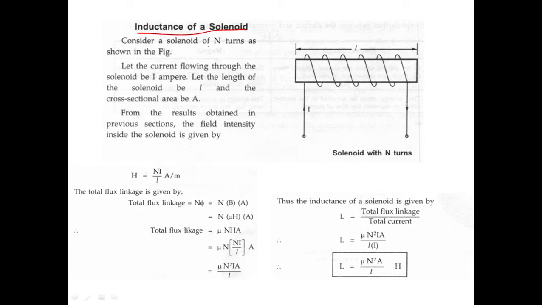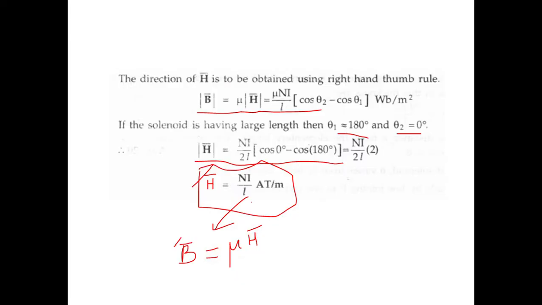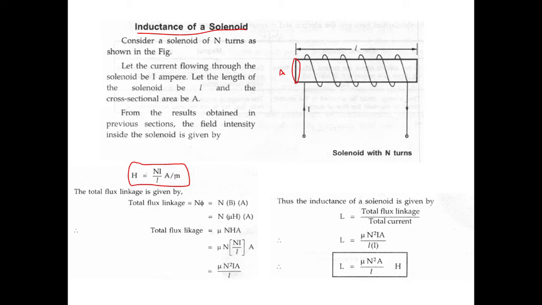Consider a solenoid of N number of turns as shown in the figure. So there are N turns here. Let the current flowing through it be I, the length of the solenoid be L, and the cross sectional area be A. From the results obtained in the previous section, the field intensity inside the solenoid is given by H equal to Ni by L ampere per meter.